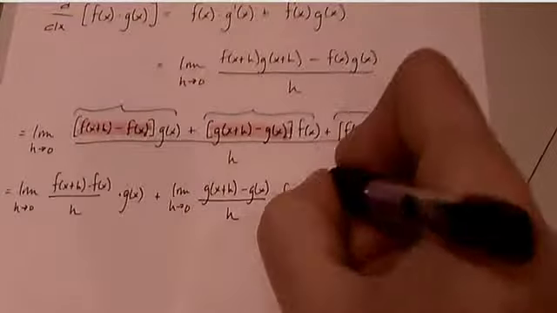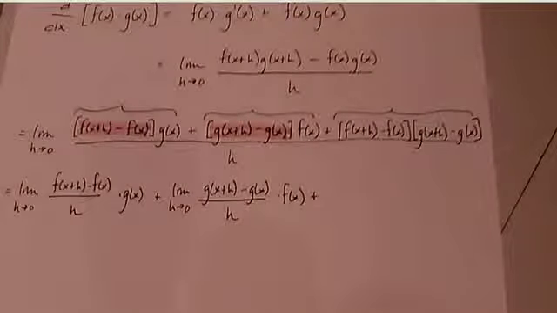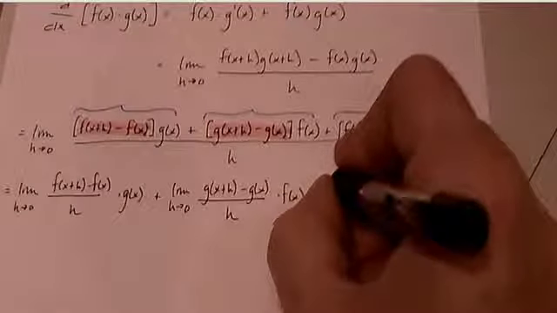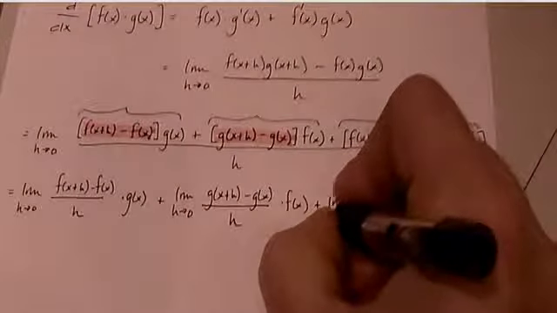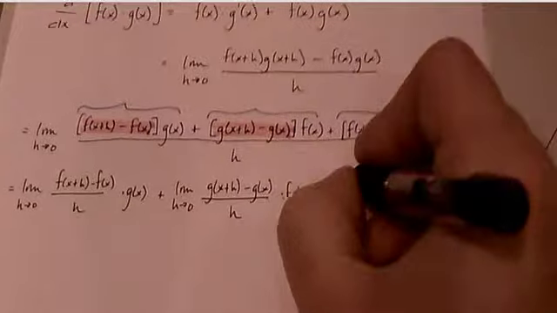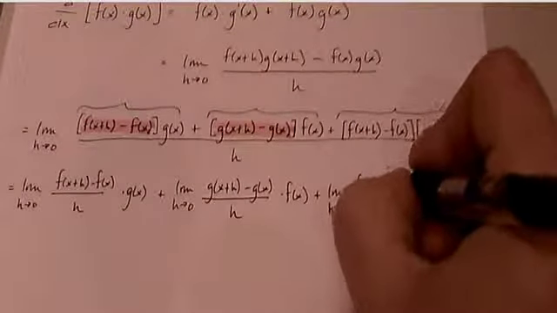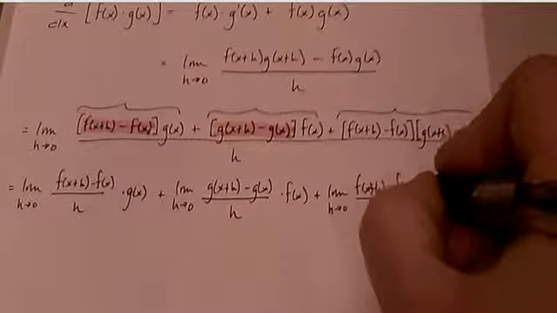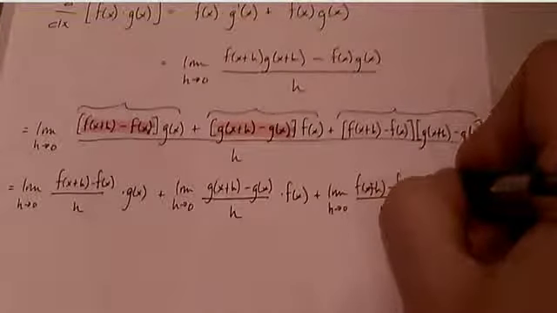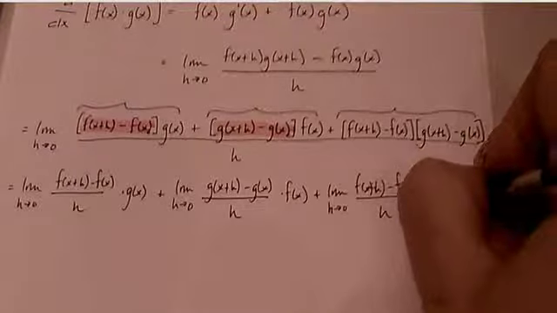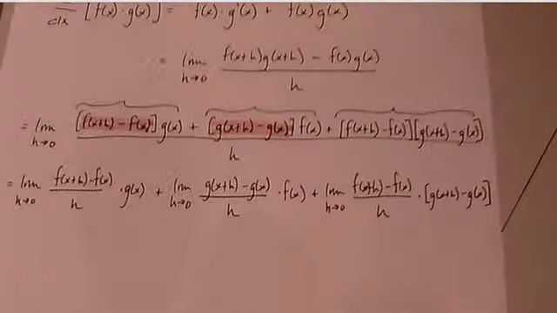Now, this next one is going to be just a little bit wonky, I suppose. We have the limit as h approaches 0 of f of x plus h minus f of x, all of that over h, times g of x plus h minus g of x. Well, that's a little bit different, right?